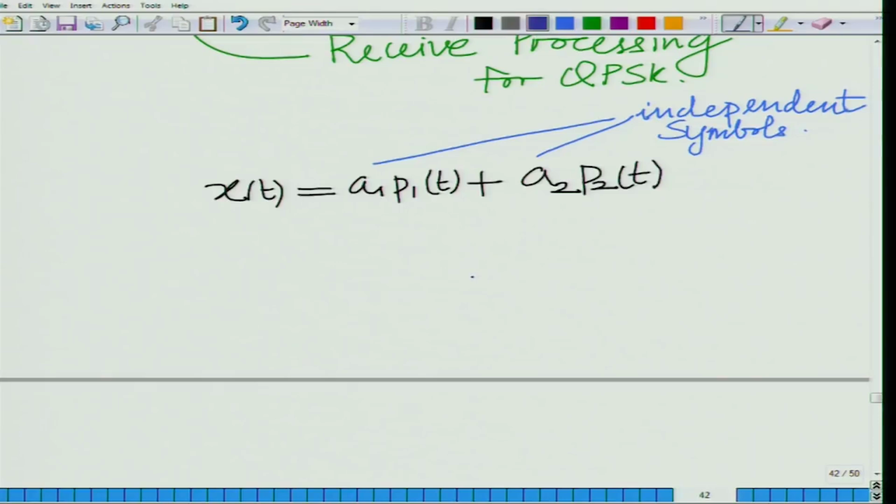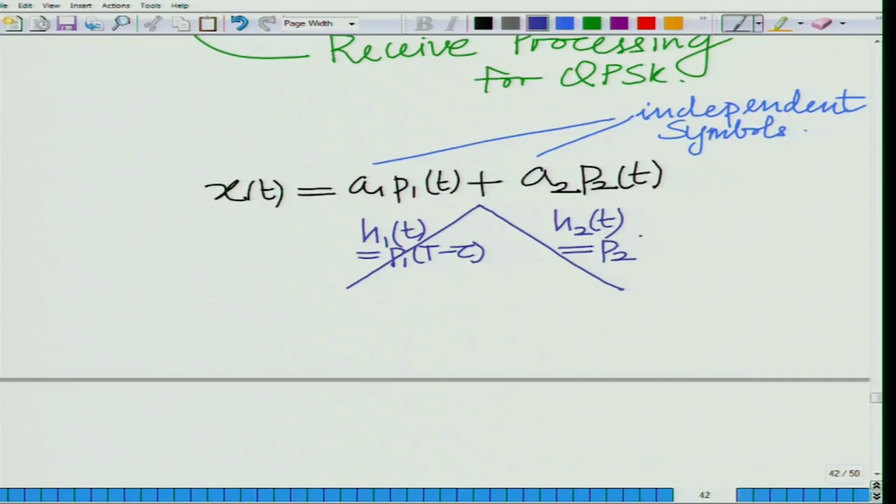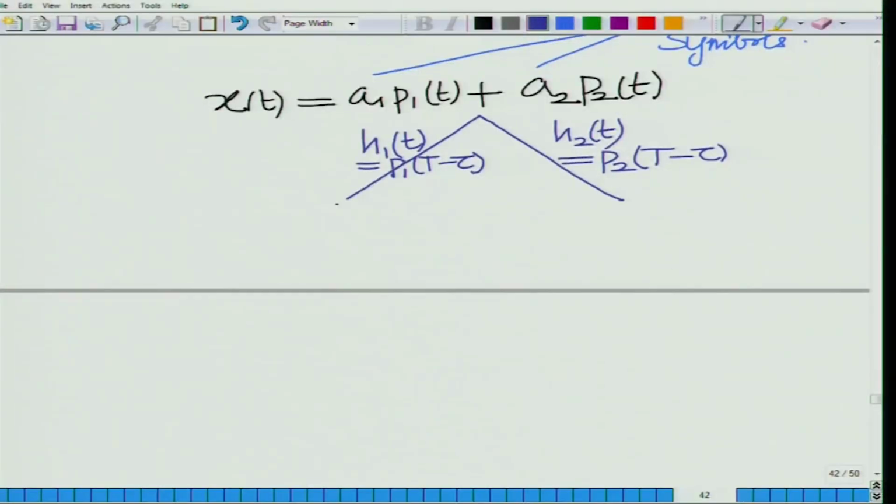These are independent symbols. So, what we will do is we can match filter this independently with respect to P1 and P2. So, first we will match filter with respect to h1(t) equals P1(T minus t), and also match filter with h2(t) equals P2(T minus t). Now, when you match filter with P1, the component with respect to pulse P2 will go away.